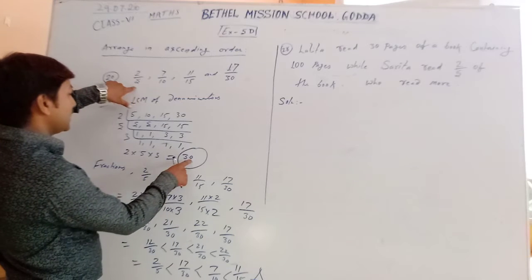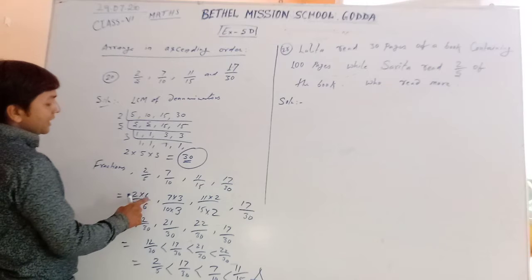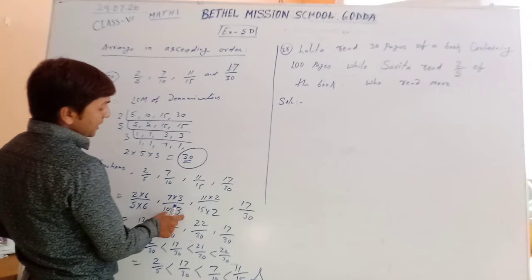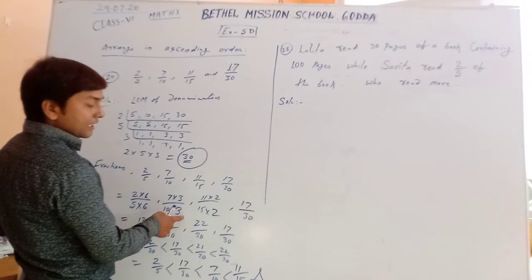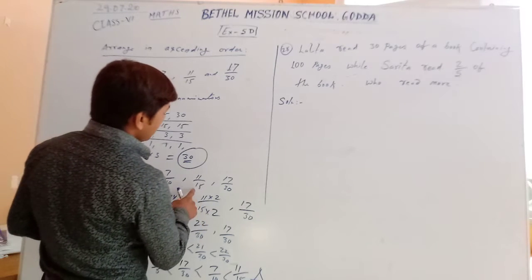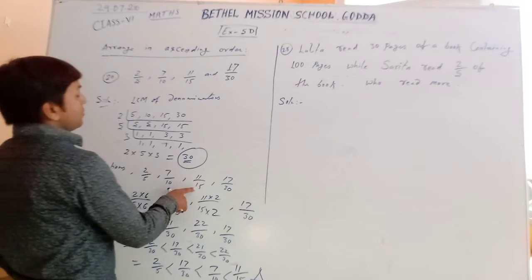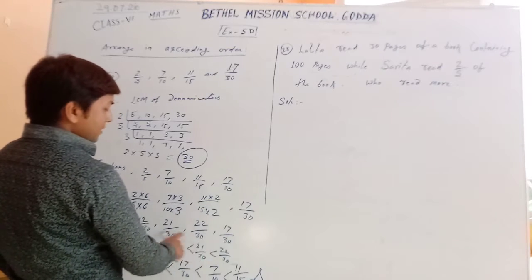For making 30 we multiply by 6 with the numerator and denominator, also by 3, and by 2 when we multiply 15, so it becomes 30. So all the denominators become equal.